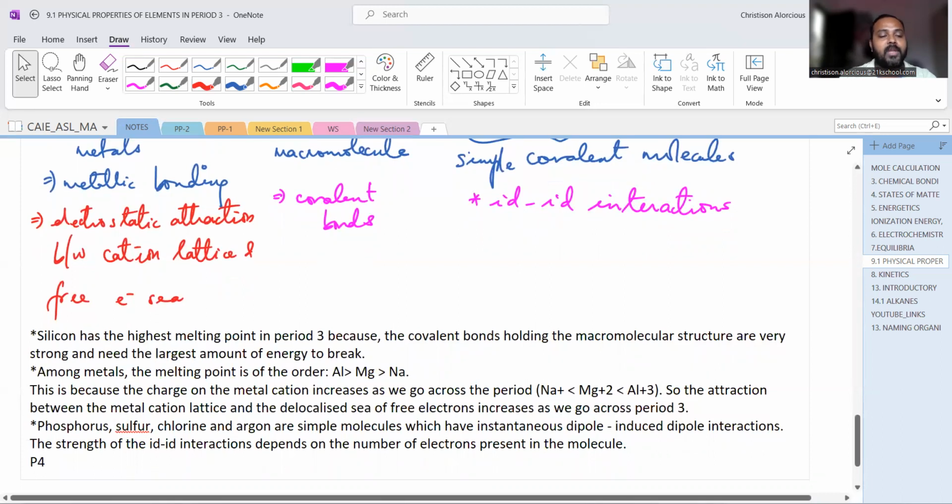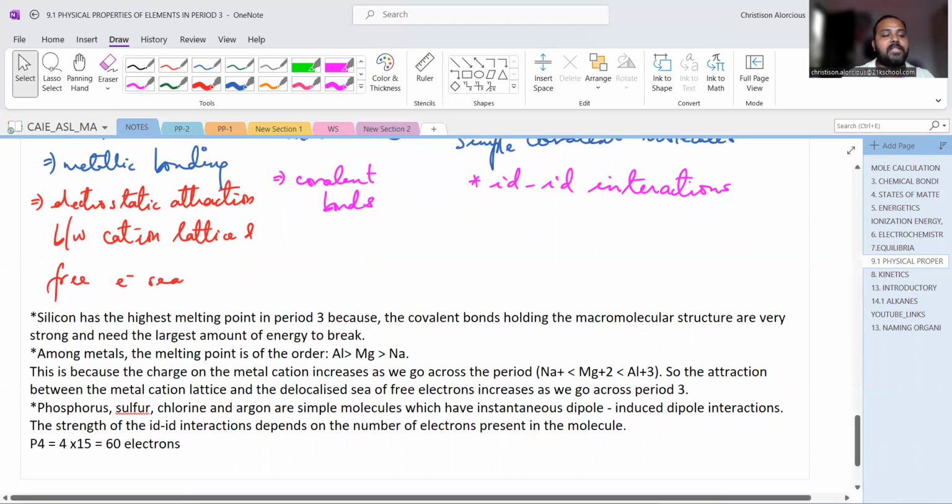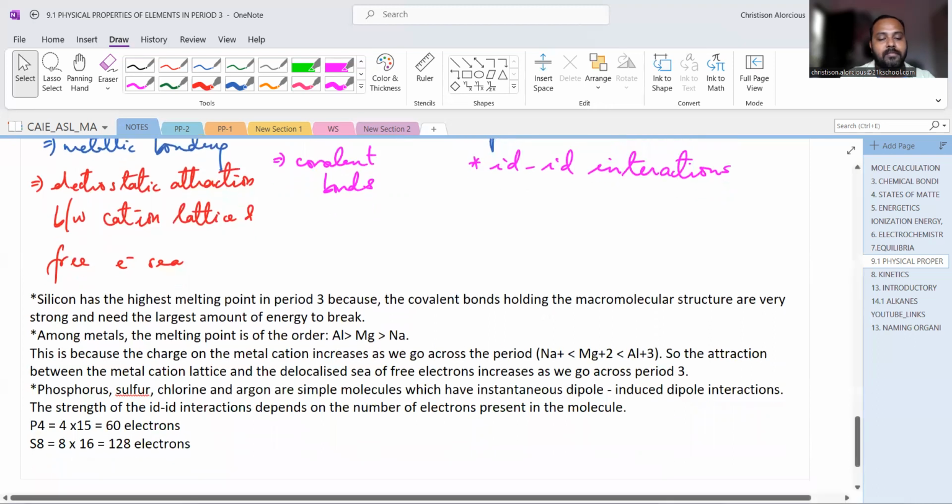So if you look at it, P4 would have 4 times 15, that is 60 electrons. S8 would be 8 times 16, that is 128 electrons.